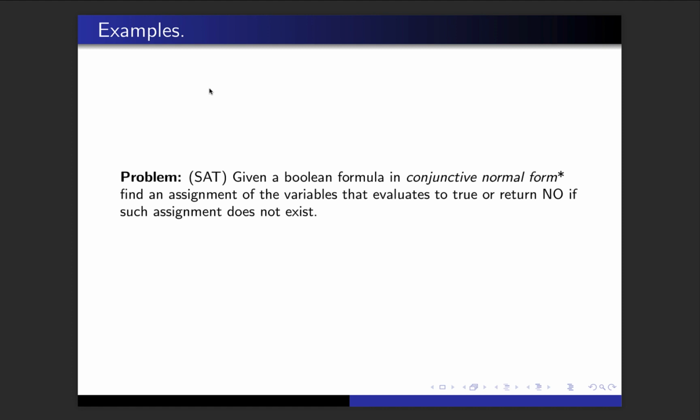The task of this problem is, given this formula, to find an assignment of the variables that evaluates to true, or return no if such an assignment does not exist. True here means, of course, value 1, and no will mean that every assignment of the variables will report a 0 value, or false if you want.